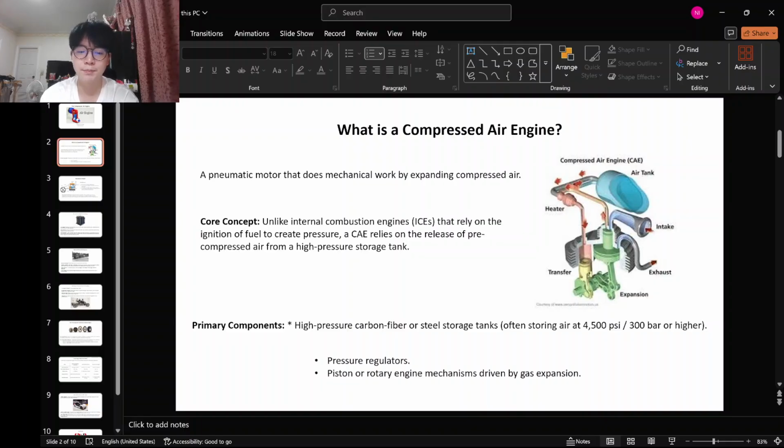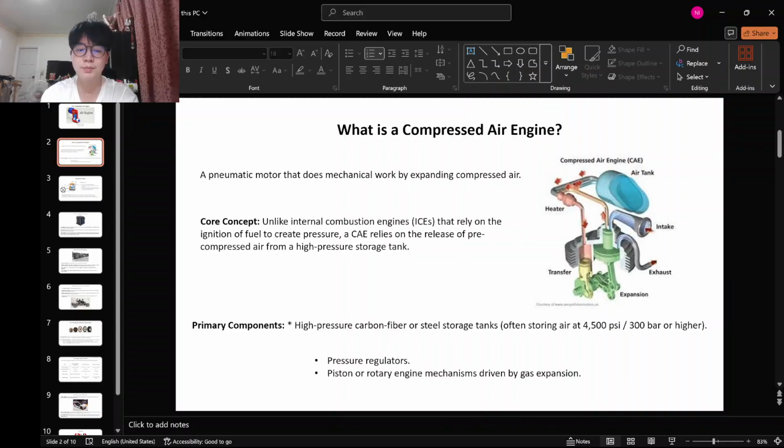The core concept: unlike internal combustion engines that rely on the ignition of fuel to create pressure, a CAE relies on the release of pre-compressed air from a high-pressure storage tank. There are two primary components. The first one is the pressure regulator.